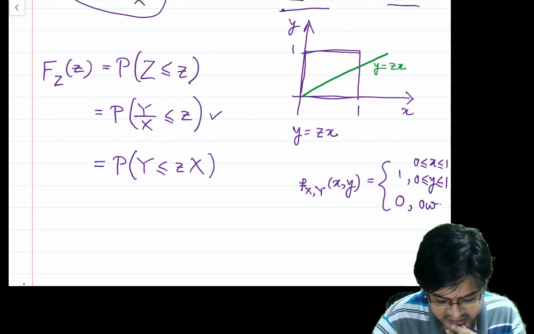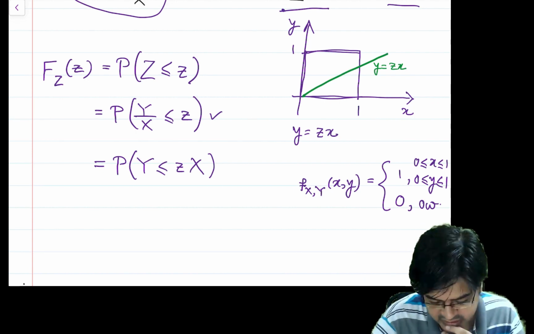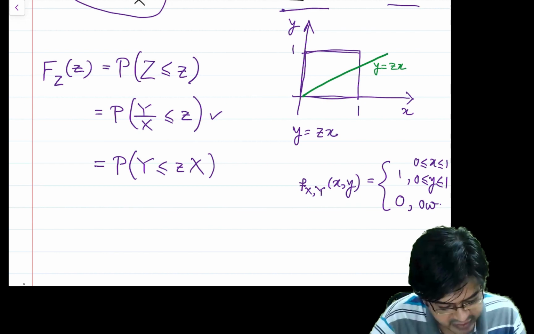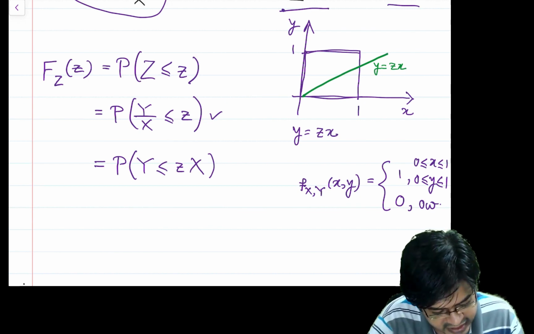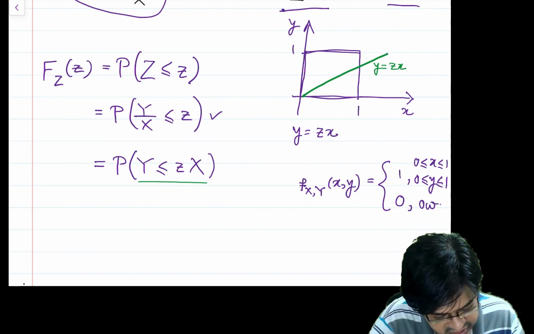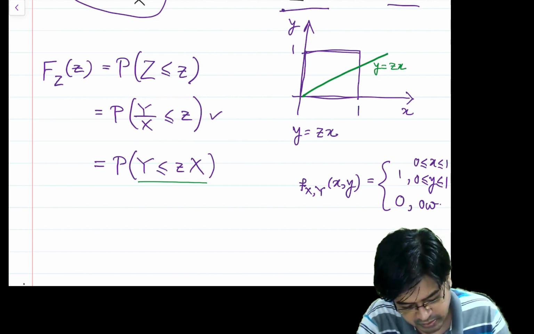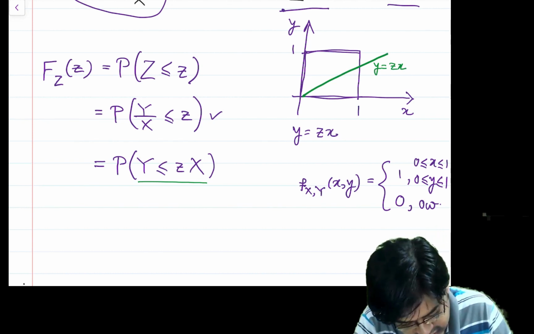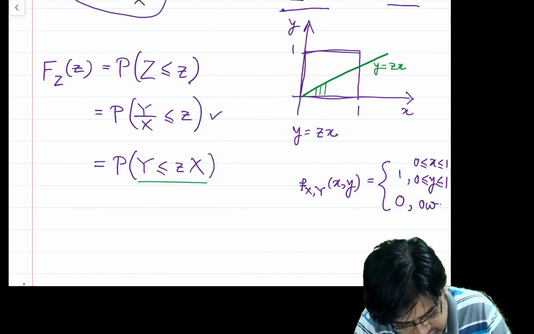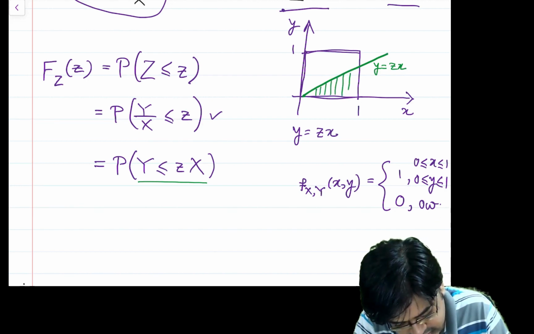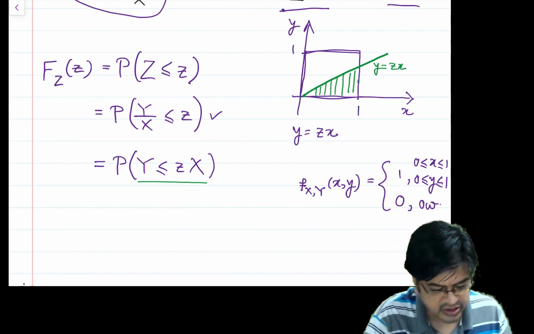Now if this is the line, then what you can do is, if I want to compute the area of this y is less than or equal to zx, that means my y is always less than or equal to z times x. That means I am talking about this area, isn't it?